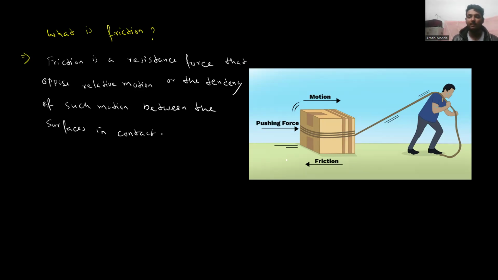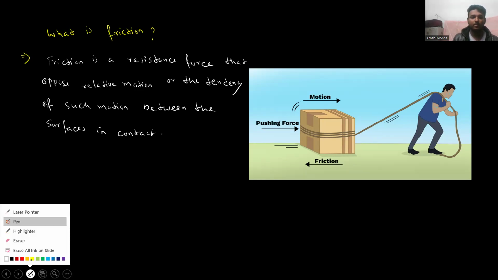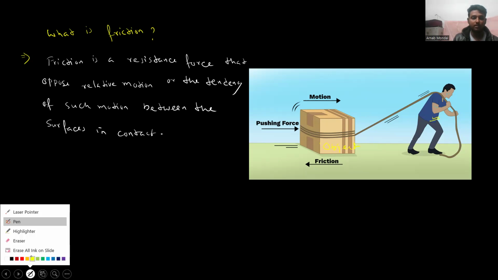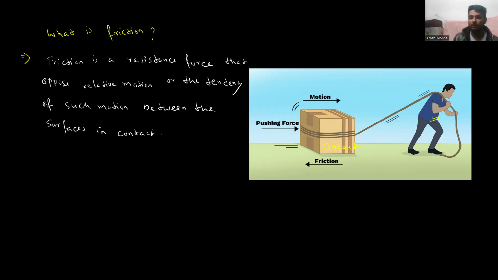As you see in the diagram, the boy is pulling the object. So what will friction do? Friction will resist the motion of this block.